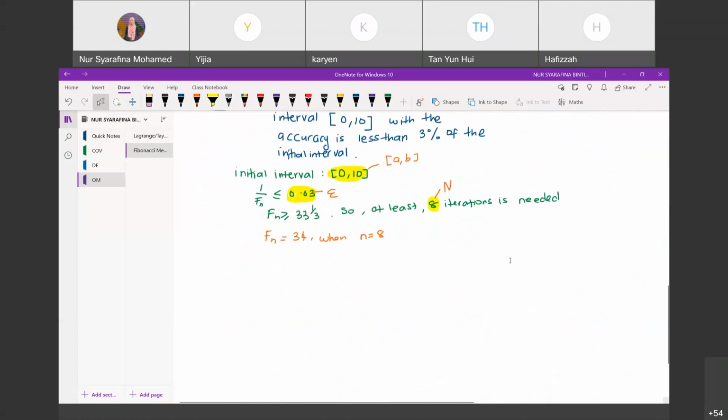This is step number 1. This is step number 2. Step number 3. What is step number 3? Define x1, your initial interval is 0 and 10.